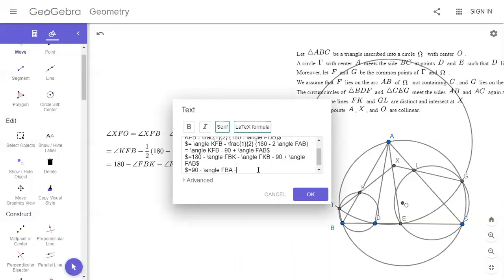And angle FKB is angle FAB. So I might be going in circles here.